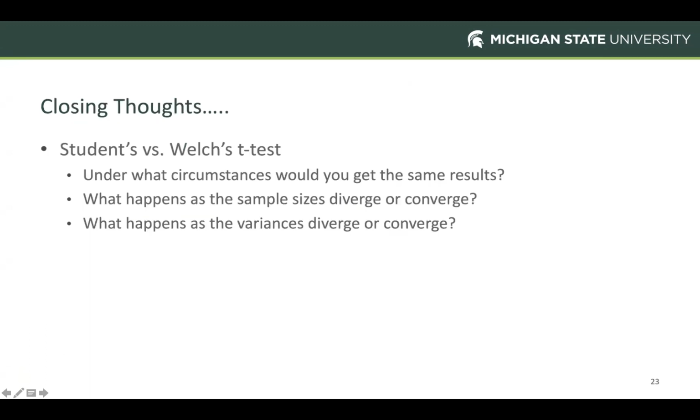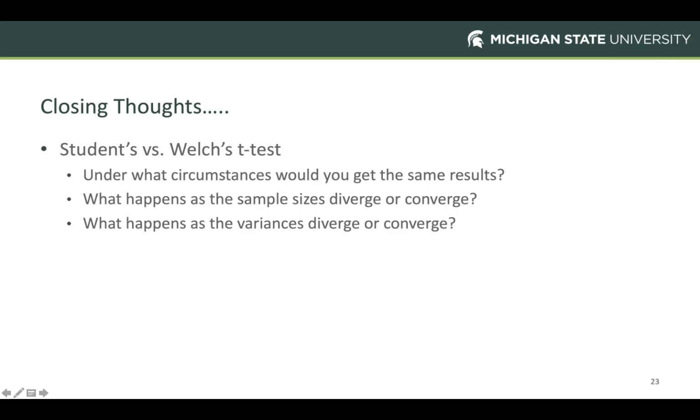All right, now a few things to think about and maybe play around with some data as we work through these test statistics here. Think about under what circumstances we would get the same results in terms of the actual calculated t-statistics there, first of all, and then secondly, in consideration of our degrees of freedom that are associated with those tests.